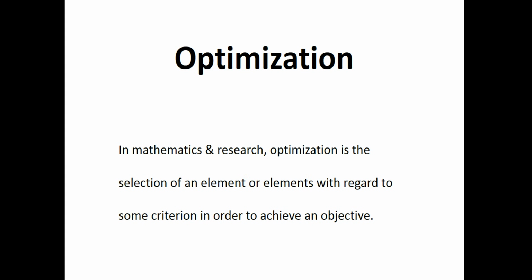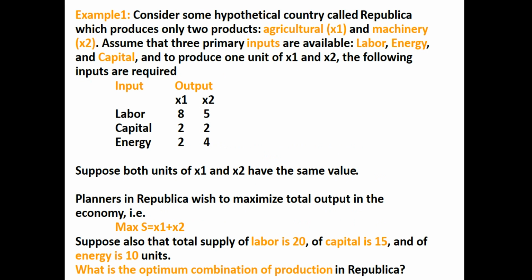So here is the problem. Consider a hypothetical country called Republica, which produces only two products: agricultural, which is denoted by X1, and machinery, which is denoted by X2. Assume that three primary inputs are available: labor, energy, and capital. To produce 1 unit of X1 and X2, the following inputs are required.